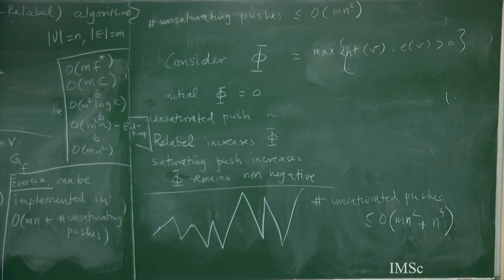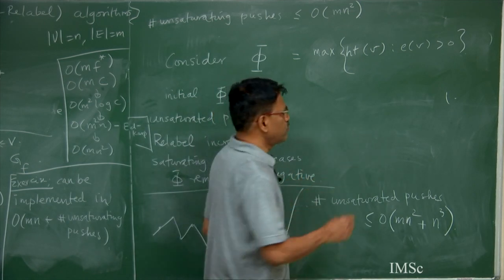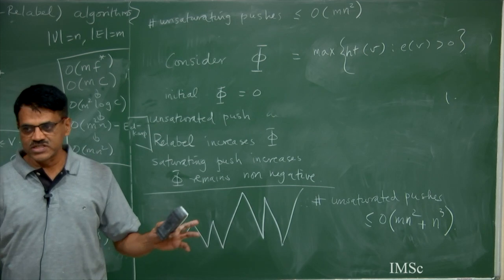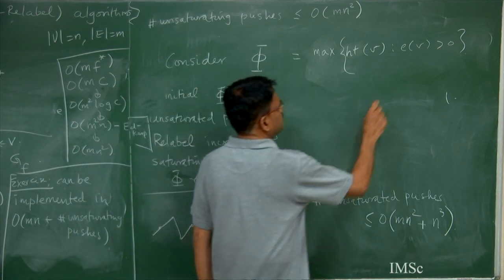I claim that a push operation will not increase phi, regardless of what kind of push it is. Why? Because pushes are always going from a higher vertex. So this is a max of the heights, right? Look at your network, look at all vertices with positive excess, look at the maximum height, and that's my phi.